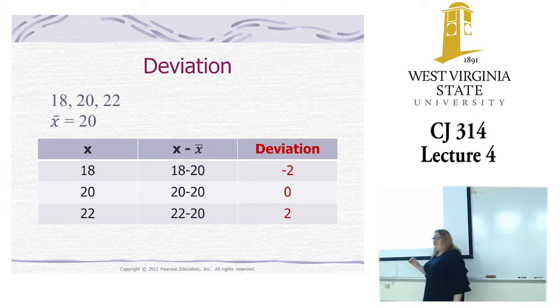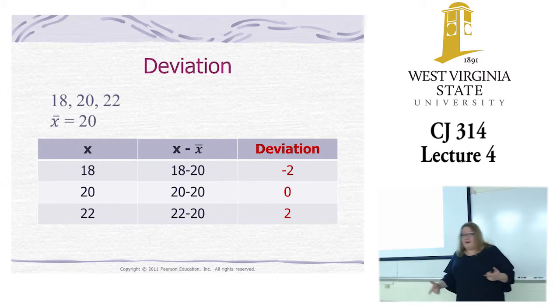Deviations in and of themselves, if we do a deviation for an entire data set, this is only 3 numbers, but if we had 100, it would look the same way. The problem is, when we add up all of the deviations, we end up with a 0. So there's no math we can do with just the deviations. We're going to take it a step further.